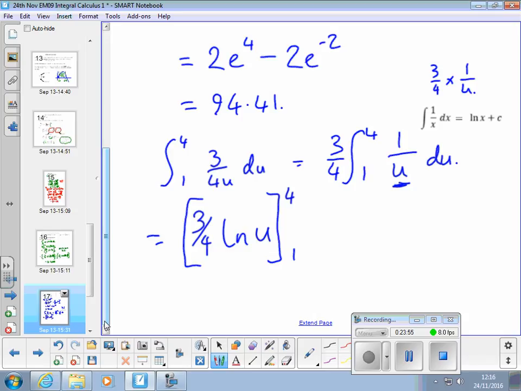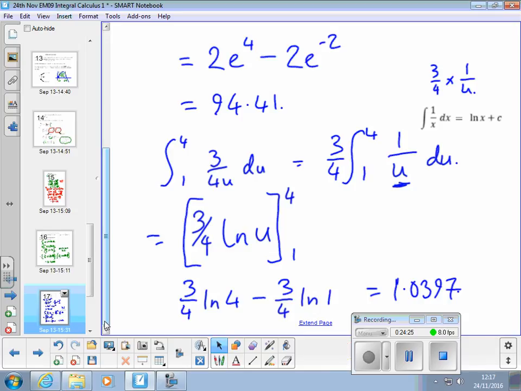Agreed? So that's 3/4 of ln 4 minus 3/4 of ln 1 equals 1.0397.